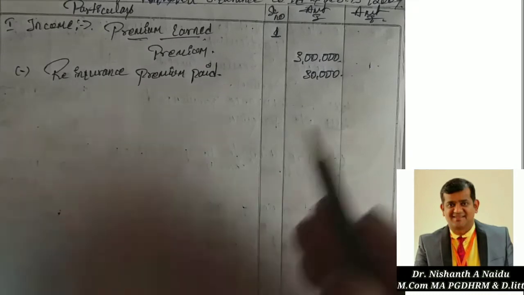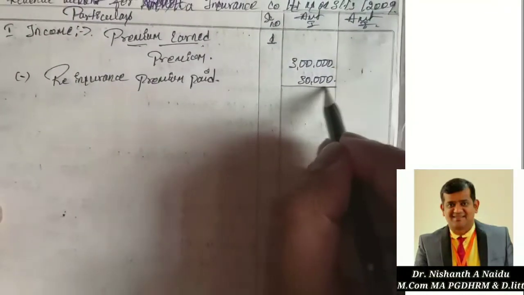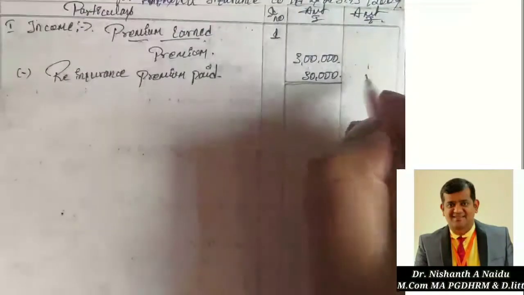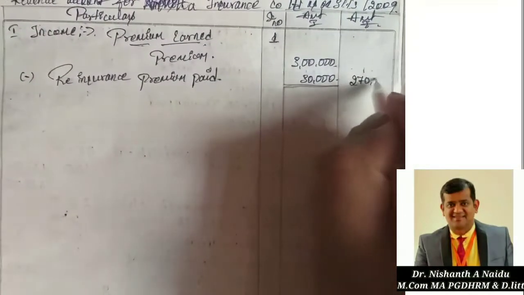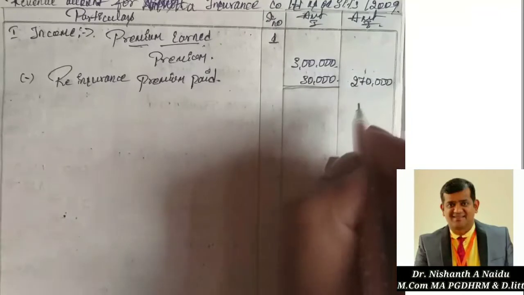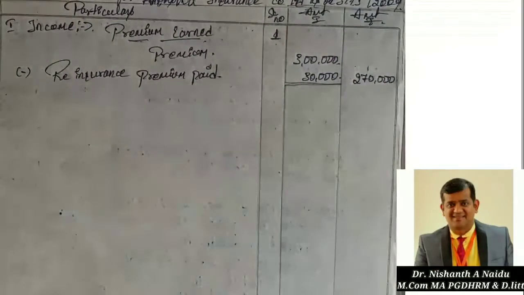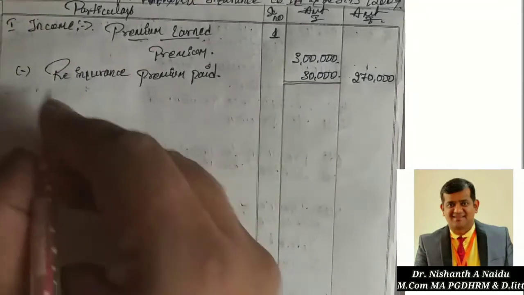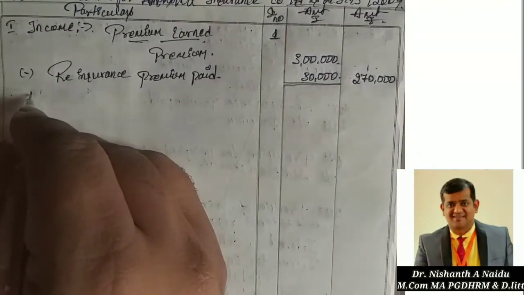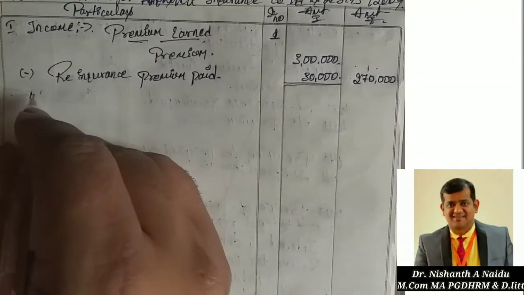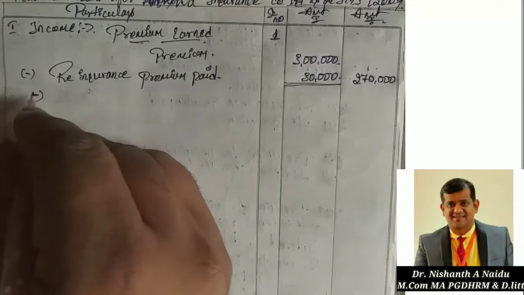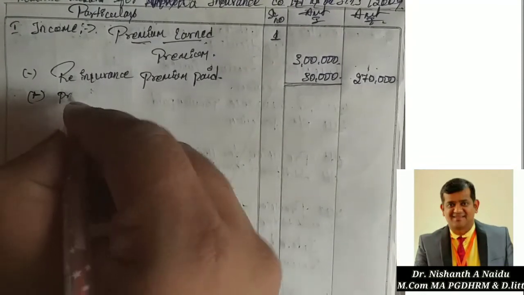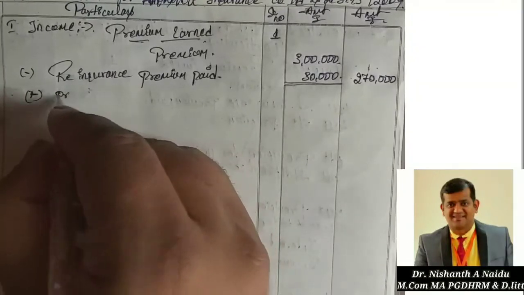So that is 3 lakh minus 30,000. So we are going to get 2,70,000. Why am I writing this? Because this is going to be the net premium. We consider that as the net premium. Next, add. We'll deduct first. Okay, so less premium outstanding.